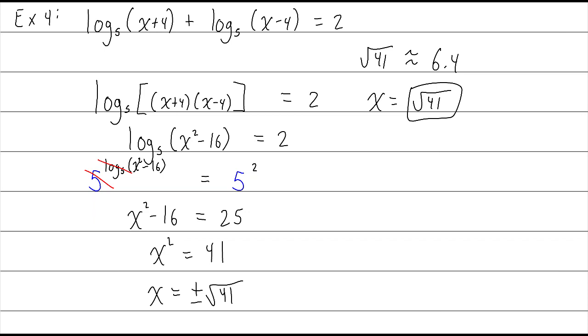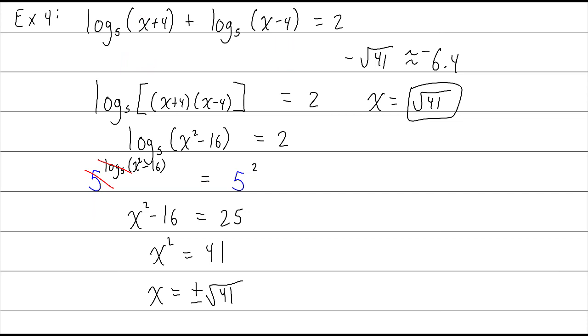Okay, what about the negative, right? If I threw a negative in the front, negative 6.4 plus 4 would be a negative 2.4, right? I can't do that. Negative 6.4 minus 4 would be a negative 10.4. No way can I plug in negative square root of 41. So this one only has one solution, positive square root of 41.